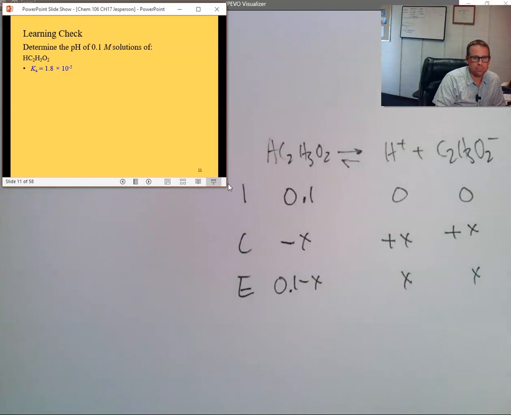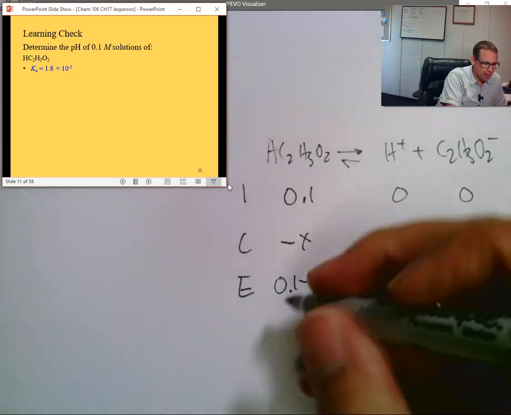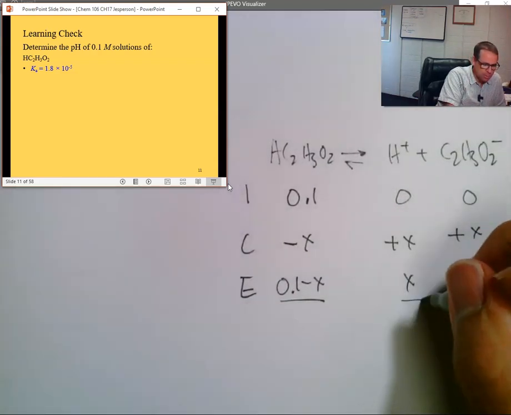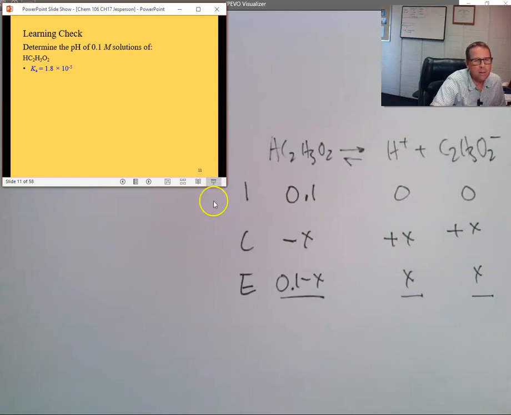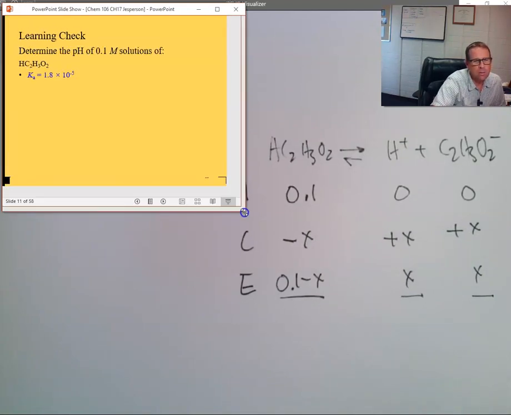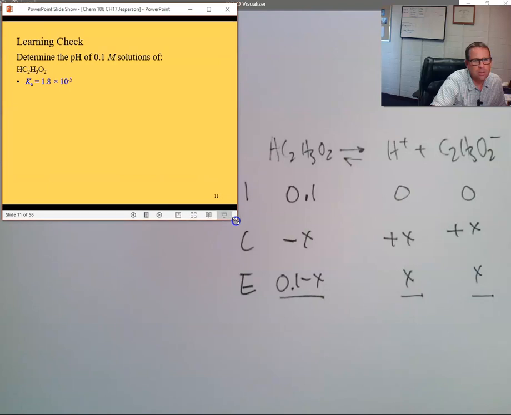We're gonna have to combine all of them to make an equation, and then we're gonna solve for x. But I forget how to do that. Okay. Well, at this point, we have the equilibrium concentrations of the different components.